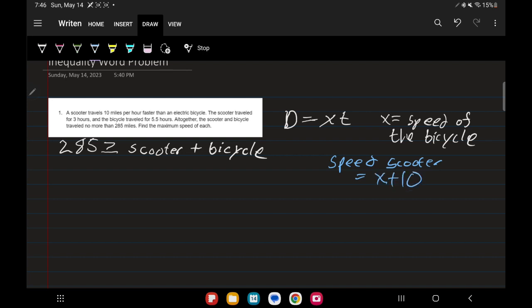If you read it, a scooter travels 10 miles per hour faster than the electric bicycle. And since x is the speed of the bicycle, 10 miles per hour faster is x plus 10.